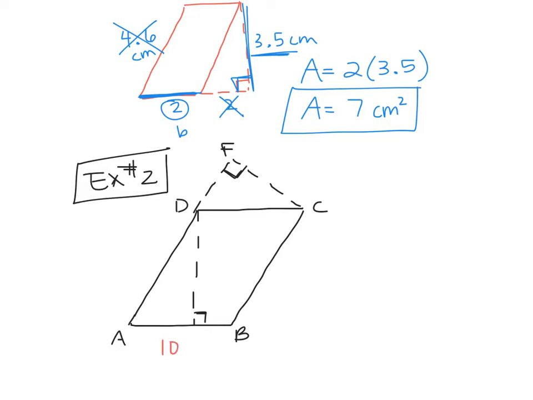So this AB side is 10 inches. AD is 13 inches. The perpendicular is 12 inches. Okay. And they're going to ask, what is the length of CF?